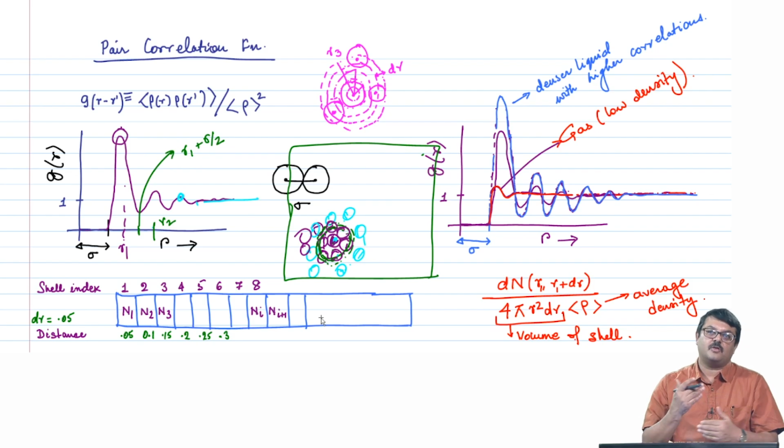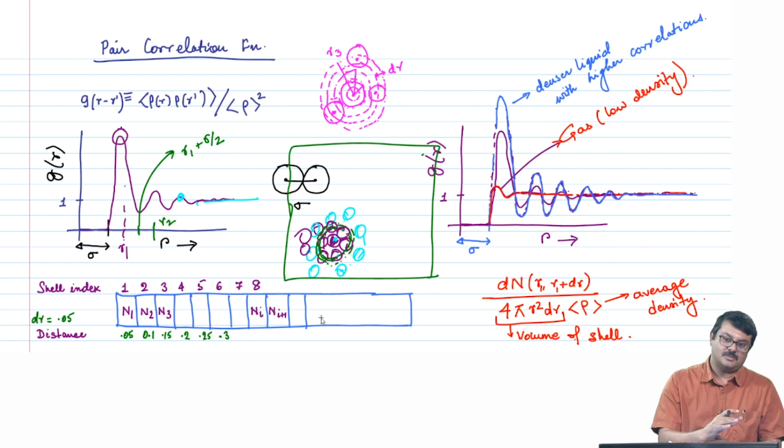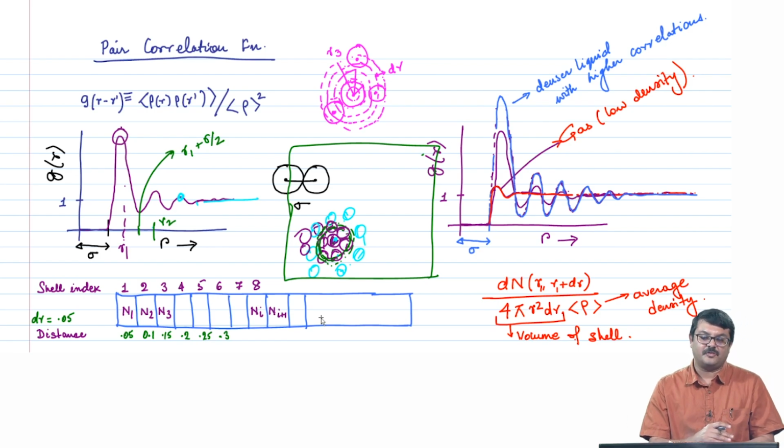So after around 50 or 100 iterations, when the configuration of the particles is slightly different, you reach another independent microstate, and then again you add this calculated array of g of r to the earlier one, so that you can take a time average.